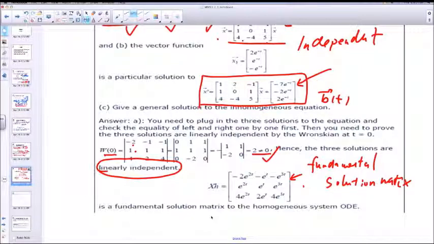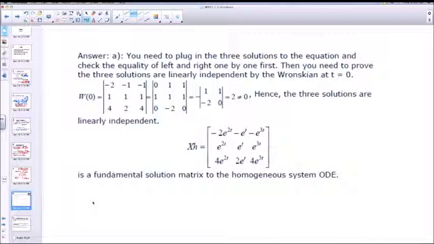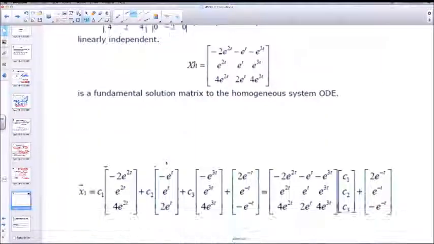That's step 1. Step 2, what else do you need? You need a particular solution. What is that? Oh, this is a particular solution. That's my X_p(t). And you can check.